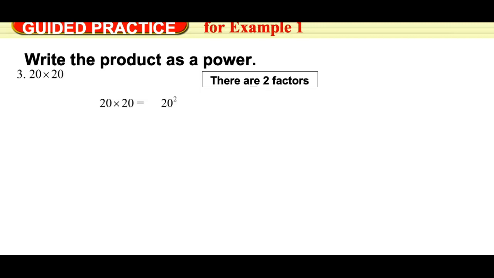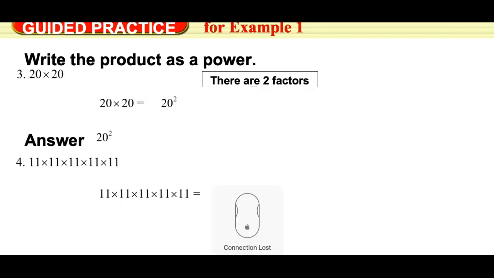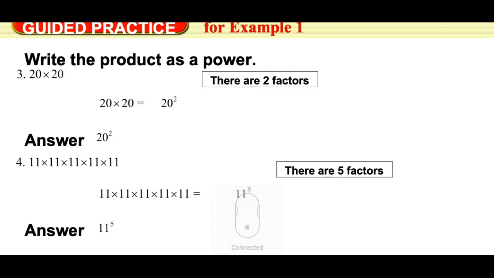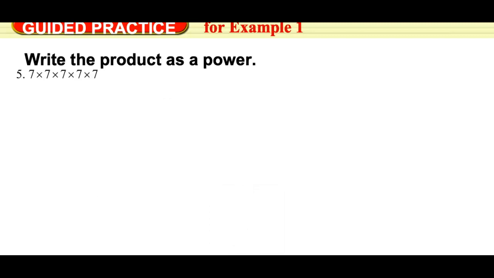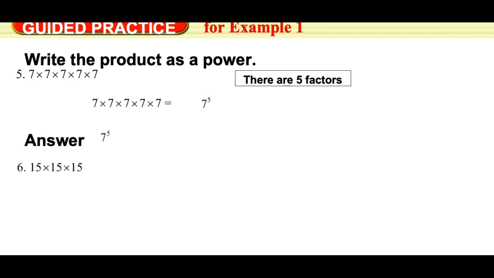Whenever there's a 2 as an exponent, that's always squared. There's again 11 to the fifth power. Okay, and again, 7 to the fifth power and 15 to the third power.